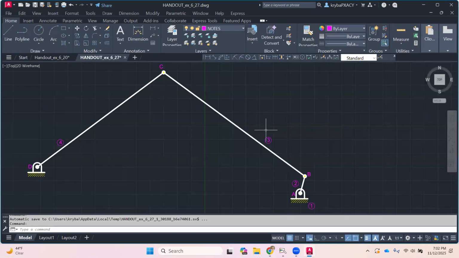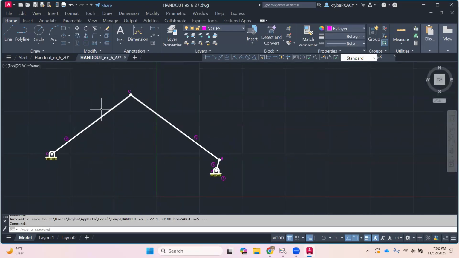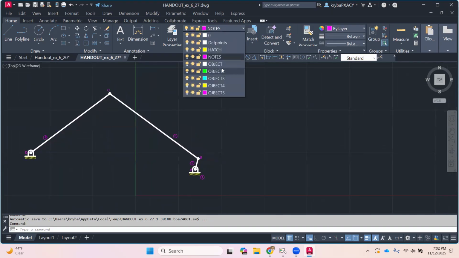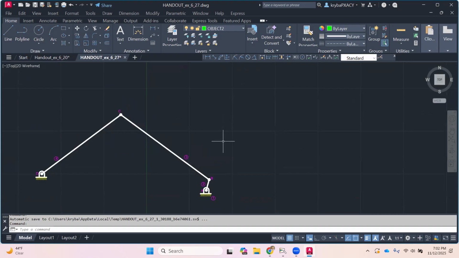So now we're going to use this, and we're going to find the magnitude of the velocity of C in AutoCAD. We're going to do it graphically. Now, the scale as we had here was 800 for the length of link number 3. So the velocity vector B is 837. I'm not going to do any different scaling. I'm just going to draw it 1 to 1. So I'm going to go to my object 2.